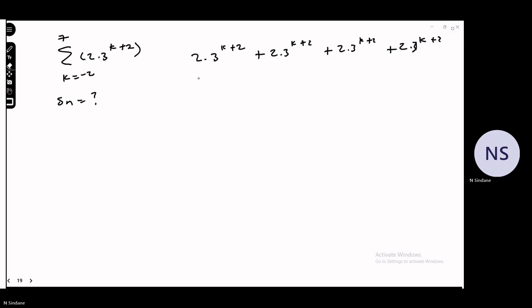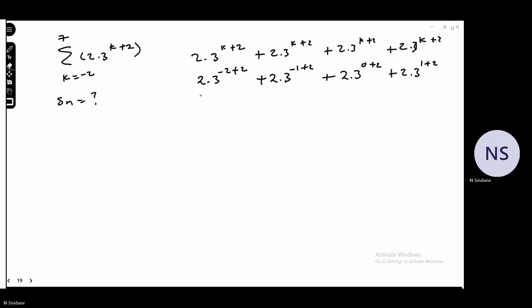So in this case, I can say 2 multiplied by 3 to the power negative 2 plus 2, since it starts at negative 2. Then plus 2 multiplied by 3 to the power negative 1 plus 2, plus 2 multiplied by 3 to the power k, which is 0, plus 2, plus 2 multiplied by 3 to the power 1 plus 2.